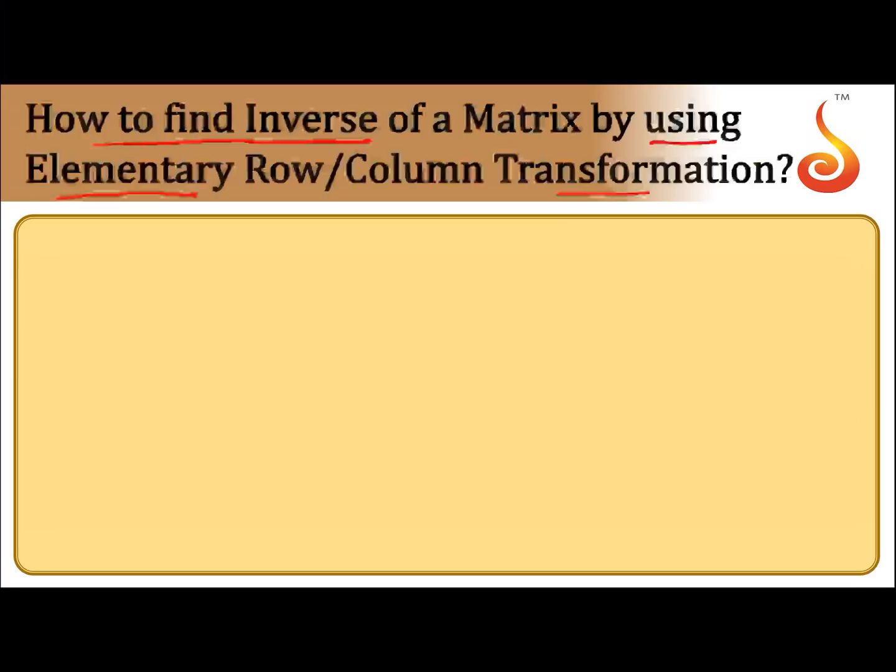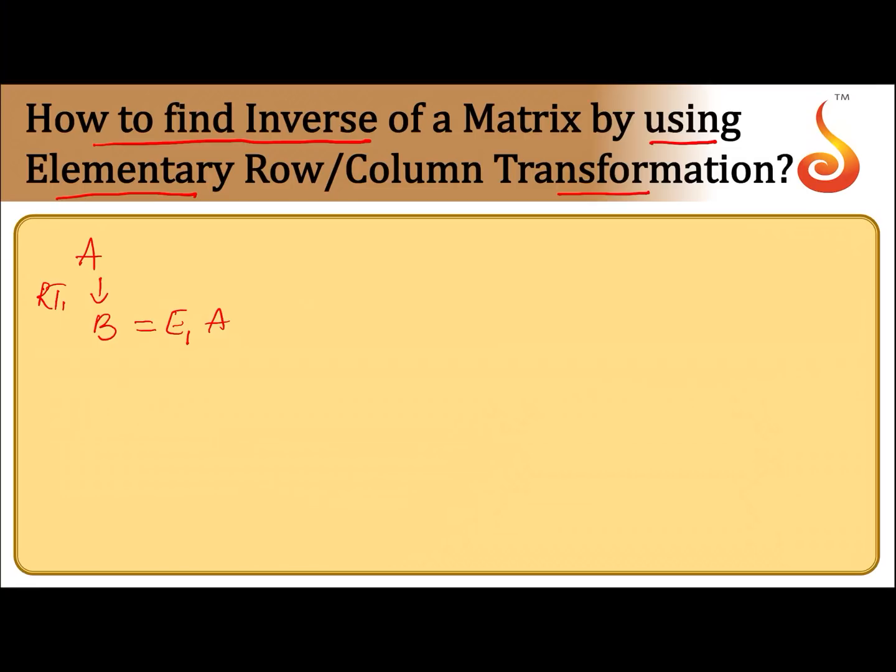We know that if A is any matrix, applying a row transformation 1 on this matrix results in a matrix B. But the same matrix B can also be obtained by pre-multiplying the A matrix by a matrix E1.